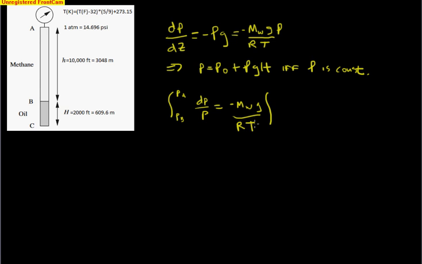So it's isothermal, so we can pull the T out front here, and then we're going to go from, I'm just going to call it ZB to ZA, dZ.